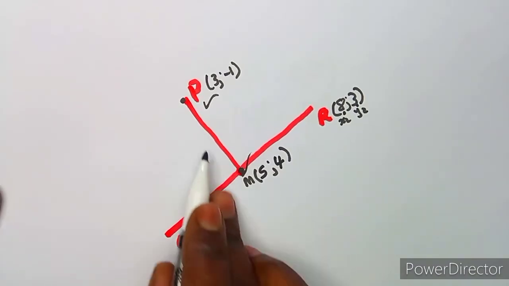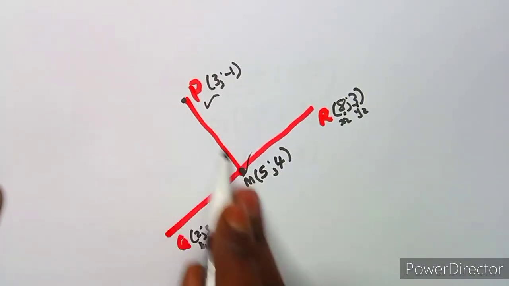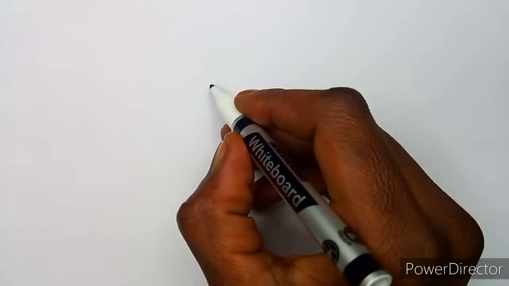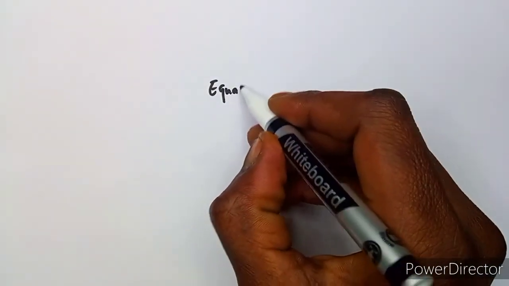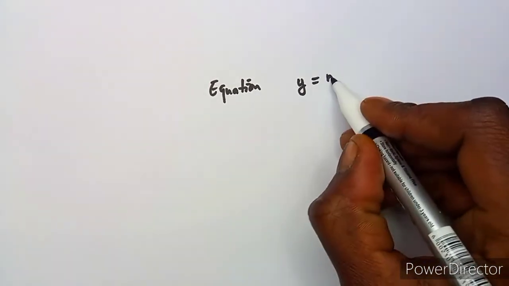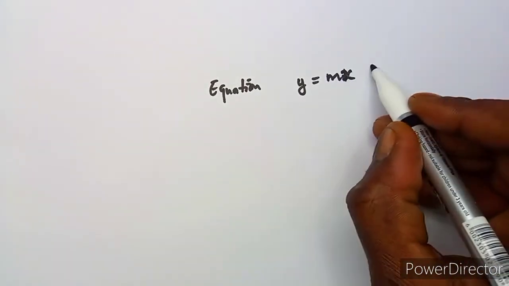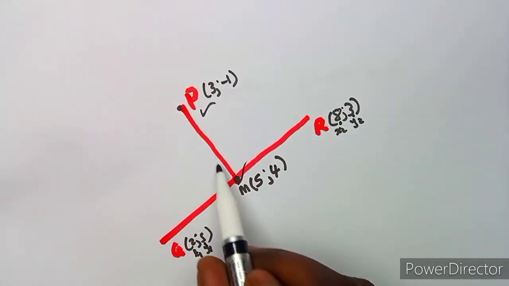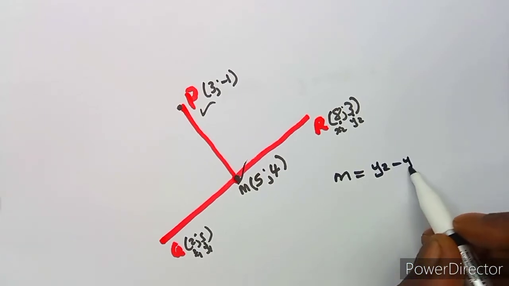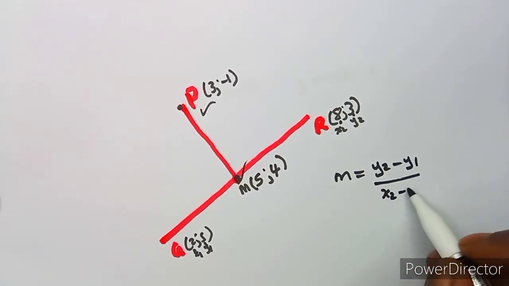So now we want to calculate this equation. It's now easier to calculate the equation of PM, because for the equation, you can write it in the form y = mx + c. That means we have to find the gradient from P to M, where the gradient is the change in y over the change in x.